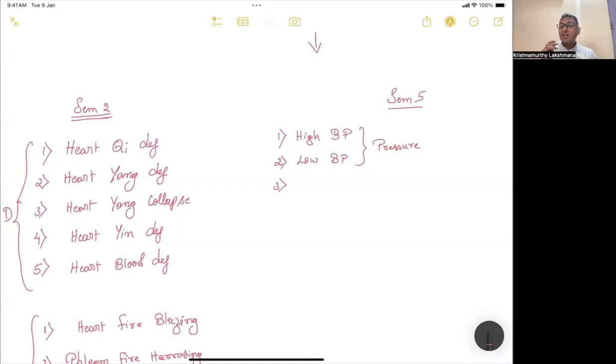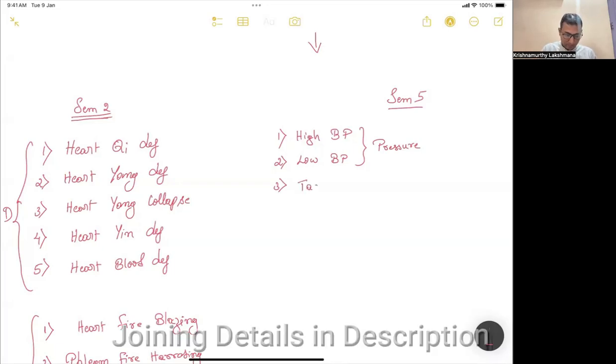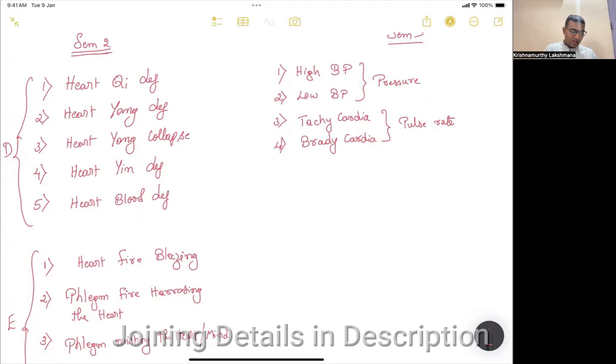And the other thing is in terms of pulse, how many times the heart is beating. If it is more, we call this tachycardia. And if it is less, we call it bradycardia. It is in terms of pulse rate. We have something called heart attack, or myocardial infarction.